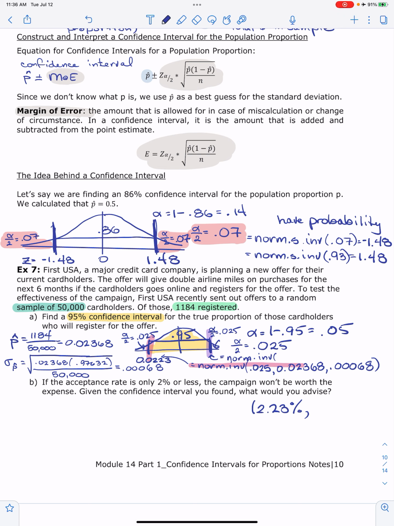Now the area under the curve to the left is 0.975. That's 1 minus the 0.025. 0.025 is to the right. The 0.975 is what's left to the left. Same mean, 0.02368. Same standard deviation, 0.00068.